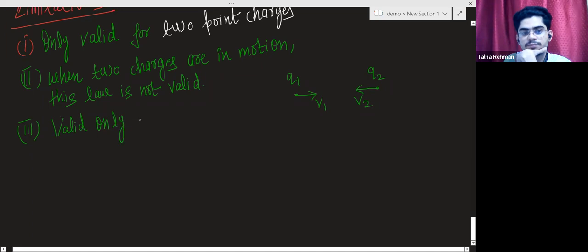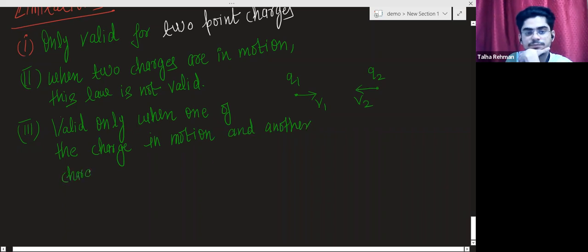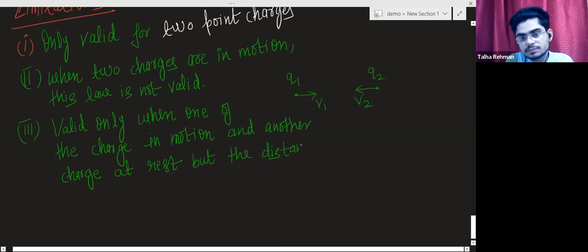Valid only when one of the charges is in motion and another charge is at rest, but the distance between them is not changing.